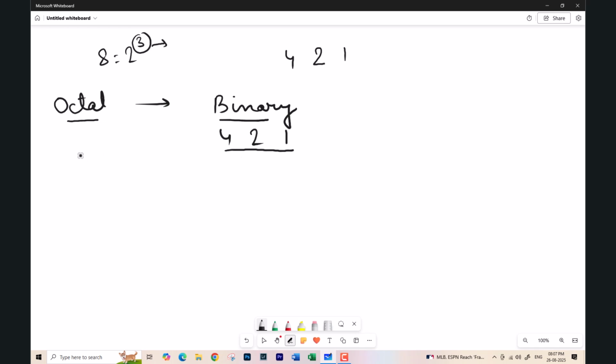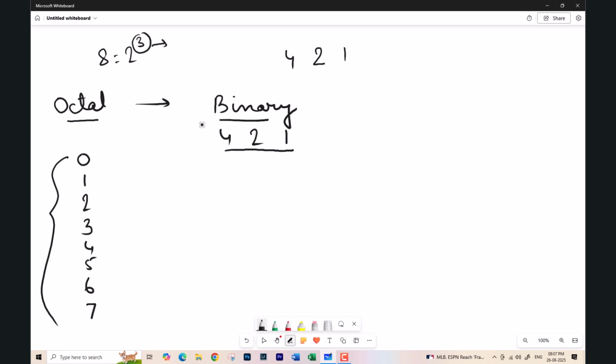Octal number starts from 0, then 1, then 2, then 3, 4, 5, 6 and 7. This is total 8 numbers, that's why its base is 8.